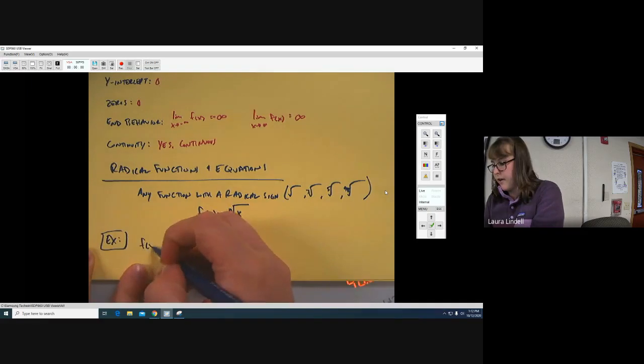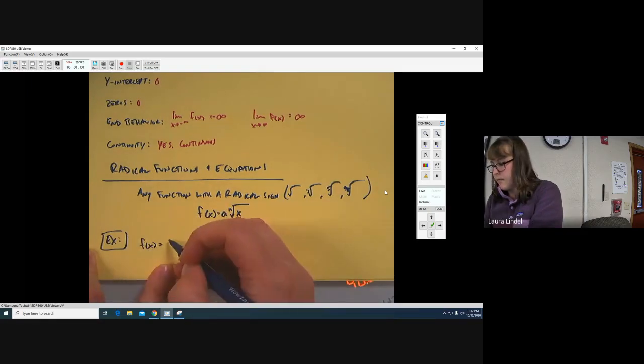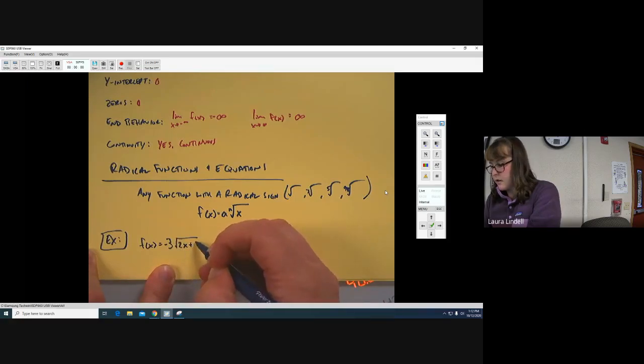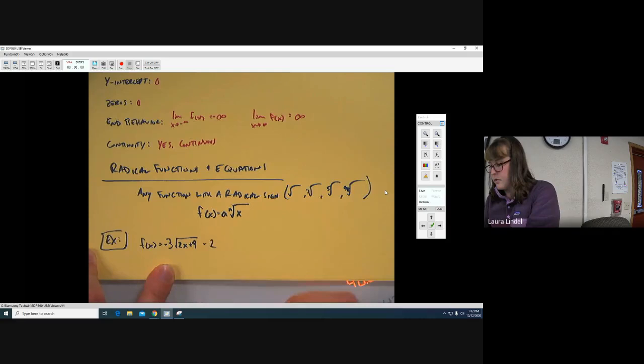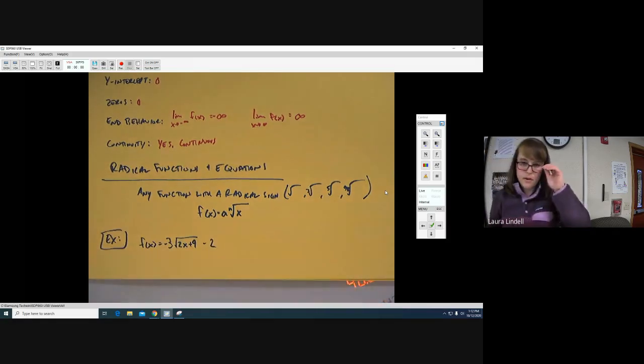We'll say f of x equals -3 root 2x plus 9, minus 2 on the outside. And we want to find domain and range.